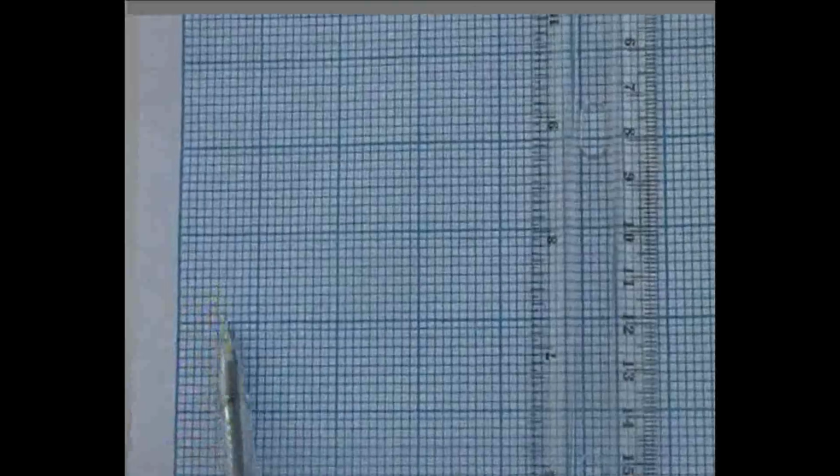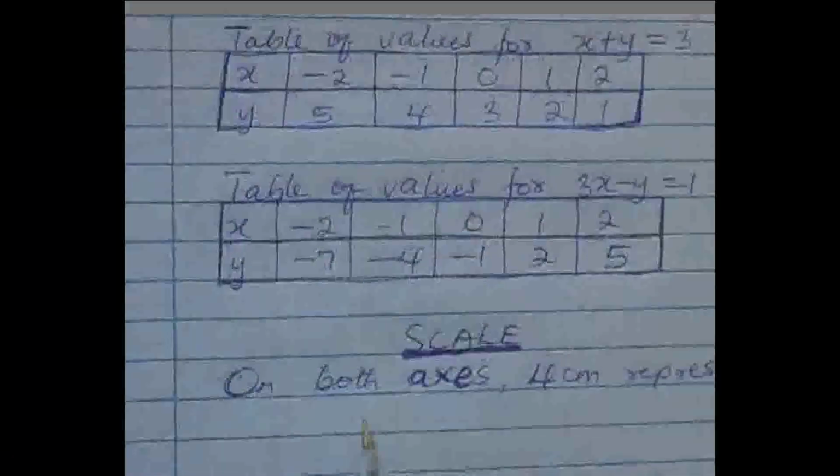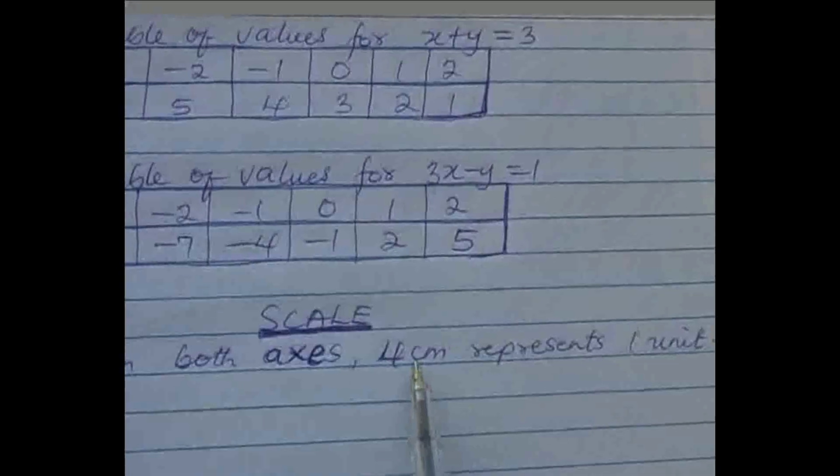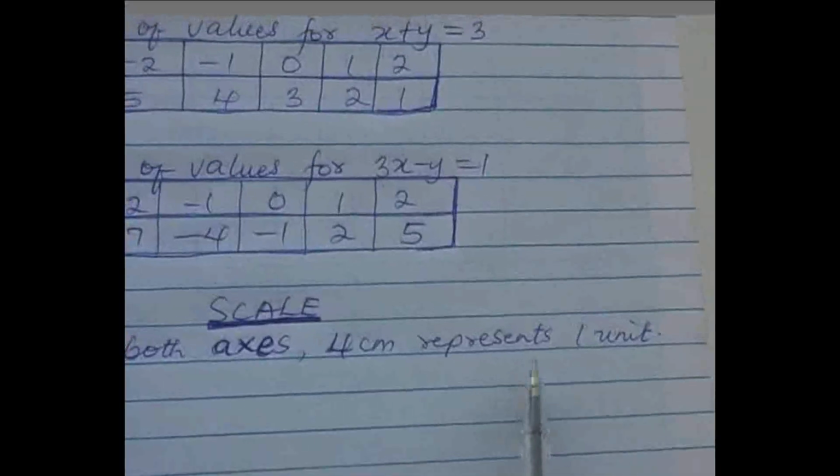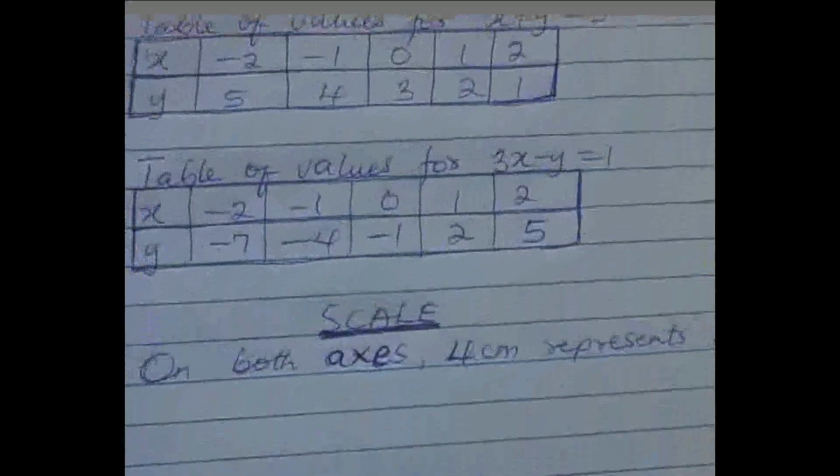On both the vertical axis, which is the y-axis, and the horizontal axis, which is the x-axis, 4 cm represents 1 unit. Now come to the ruler.